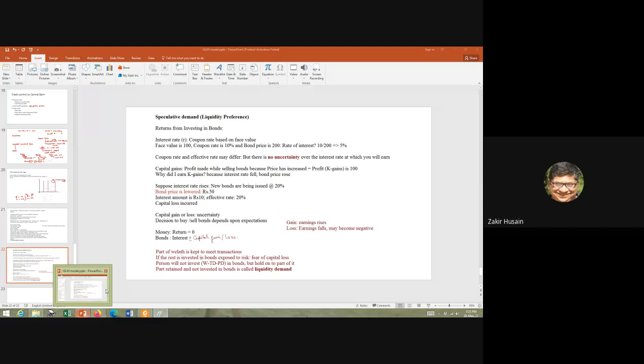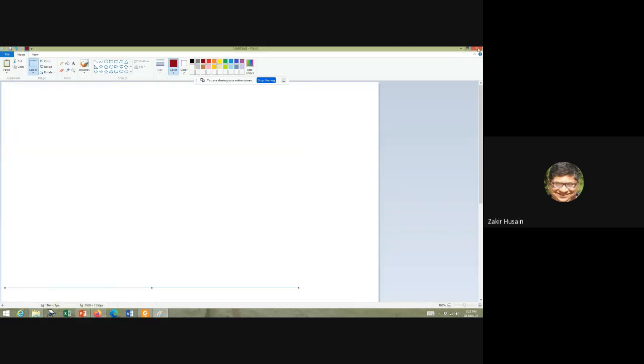But remember, I have to relate this to the rate of interest, because bond price is not a variable in the ISLM model. So I have to bring interest rate into the picture. Secondly, I have to create a money demand function. This is what I'm going to do on Tuesday.